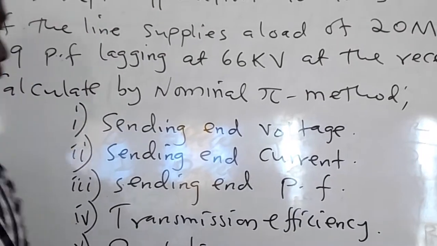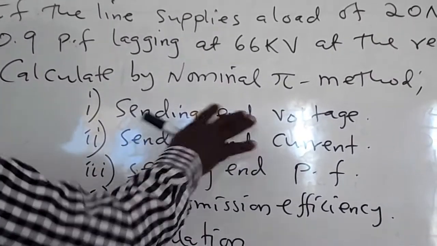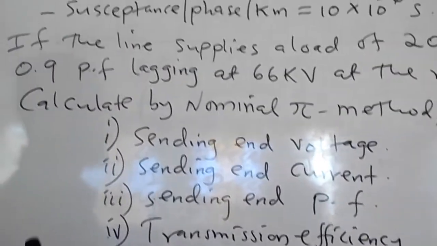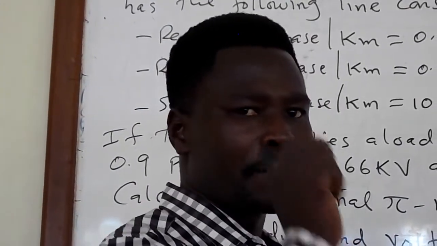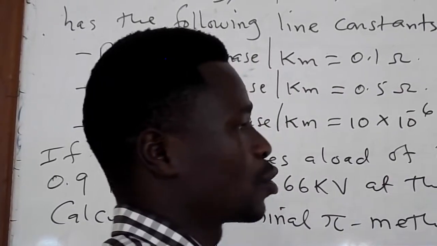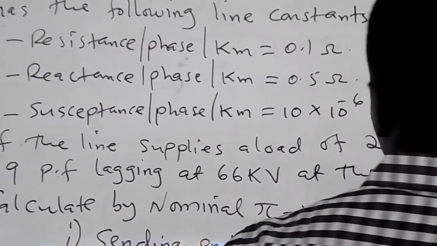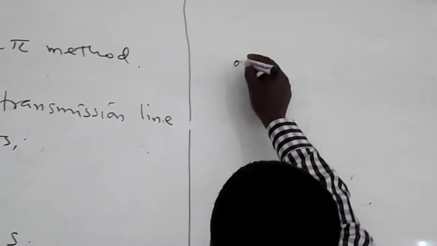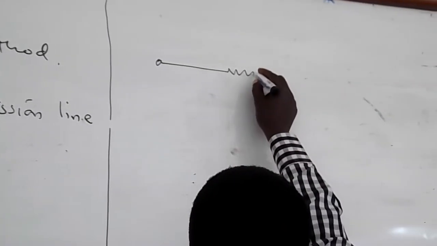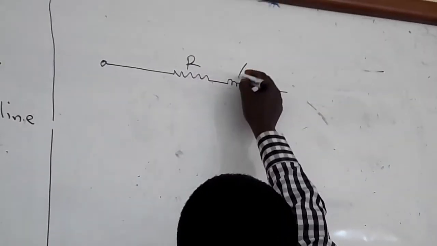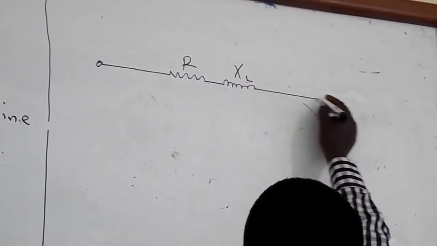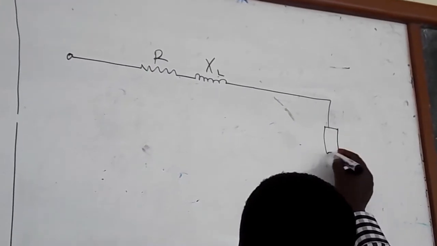So before we start answering the questions, let's have the equivalent circuit of nominal pi method. That will help us to analyze it very well. On the other side, we can have the equivalent circuit where we have the line resistance, inductive reactance, and the load.